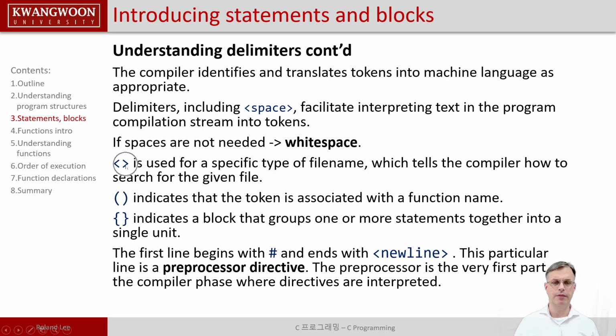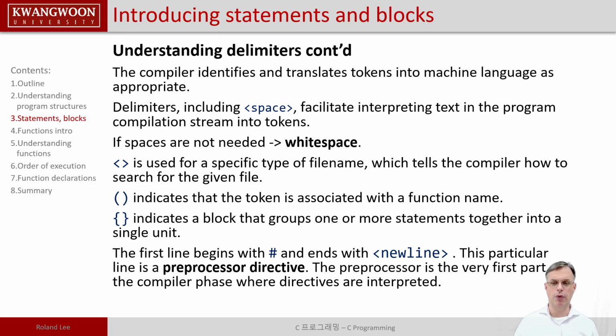So you see here, this one is used for the specific type of file name, which tells the compiler how to search for the given file. The next is parenthesis, which indicates that the token is associated with a function name, and the next is the curly bracket that indicates a block that groups one or more statements together into a single unit.